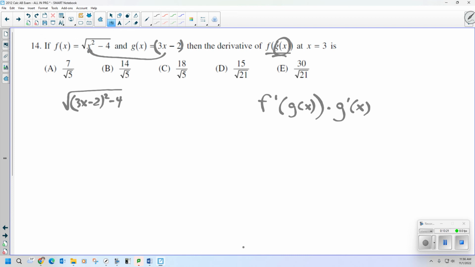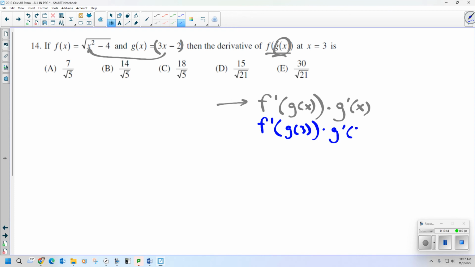Let's work with smaller numbers. Let's work with this right here. All right, let's work with that and see what we end up with. Here we go. All right, so the derivative, first of all, I want to find this at 3. So f prime of g of 3 times g prime of 3.